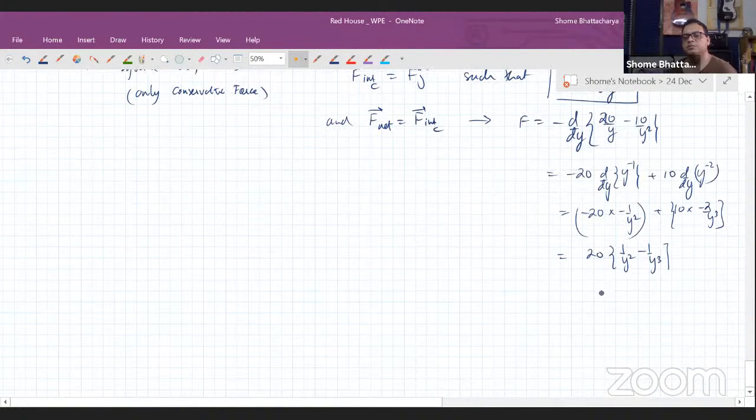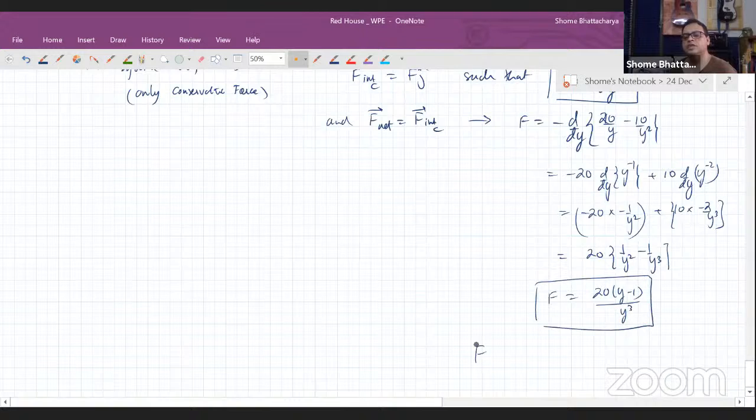It's a very interesting type of force which we are getting. So the net force acting on that body we can say is like this. It is in fact undefined at y equal to 0.